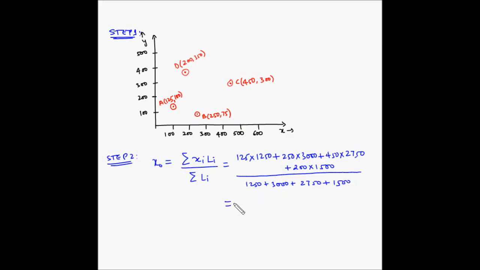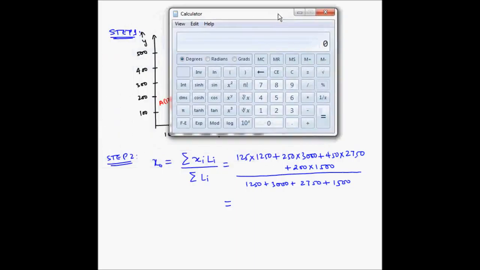Let me pull my calculator here. So 125 multiplied by 1250 plus 250 multiplied by 3000 plus 450 multiplied by 2750 plus 200 multiplied by 1500.